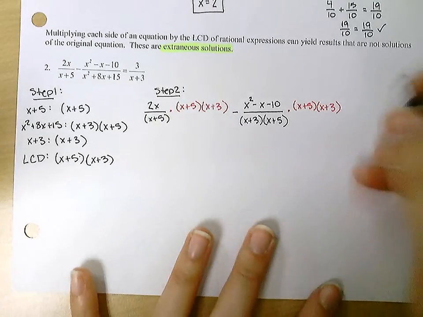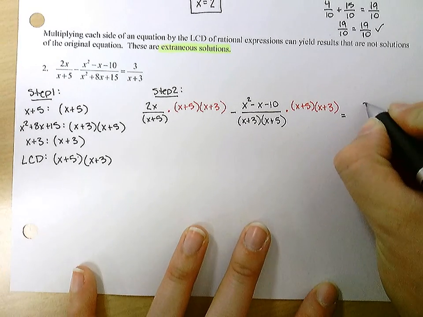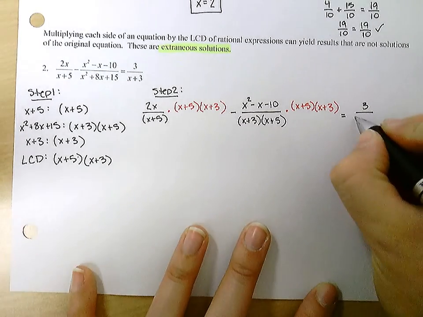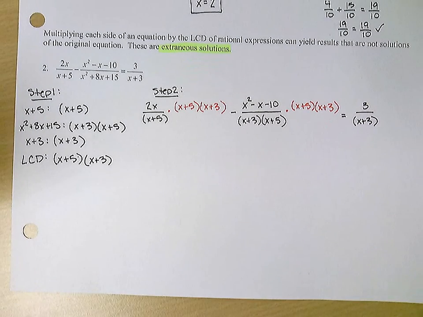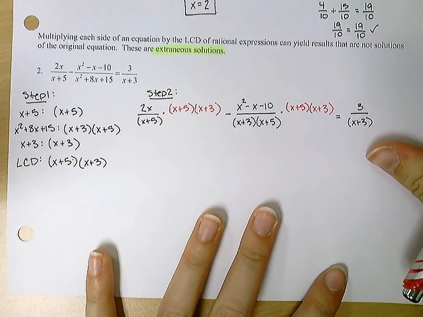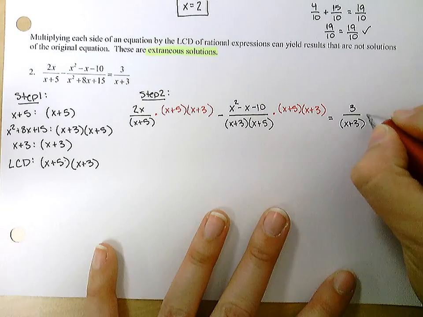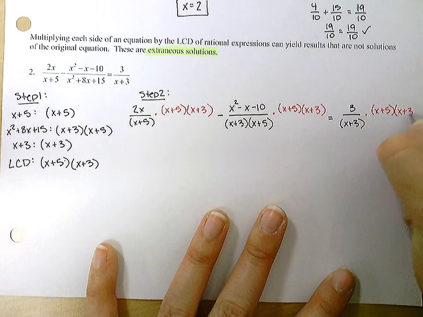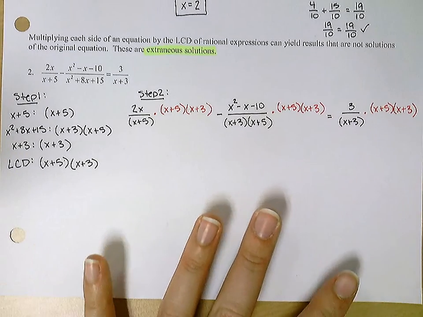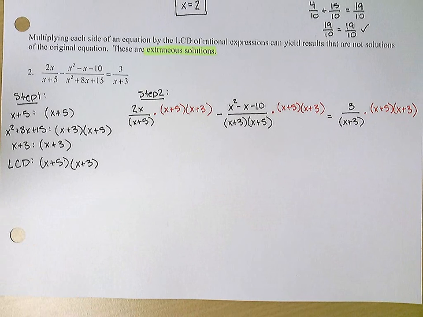And then the last fraction is 3 over x plus 3. Again, multiply that fraction by your least common denominator as well. So x plus 5 times x plus 3. Now once I multiply each of these fractions by the least common denominator, all of those denominators should cancel out.